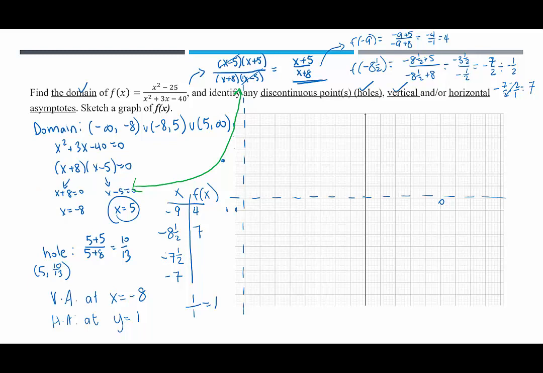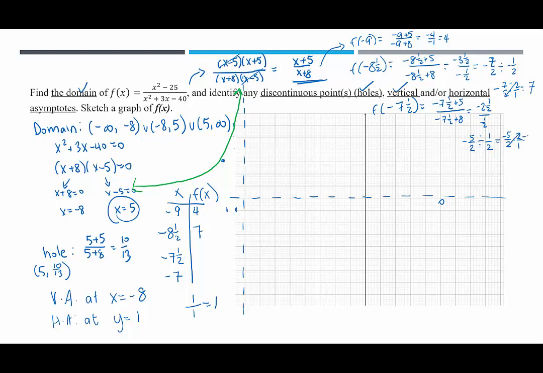We're going to plug in -7.5. F of -7.5: we have -7.5 plus 5 in the numerator over -7.5 plus 8 in the denominator. That's -2.5 over +1/2. This will be -5 over 2 if I convert it, divided by +1/2. That's -5 over 2 times 2 over 1.